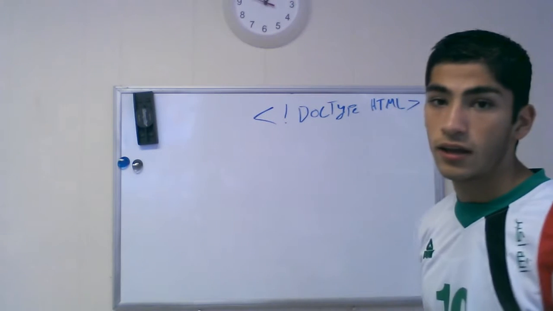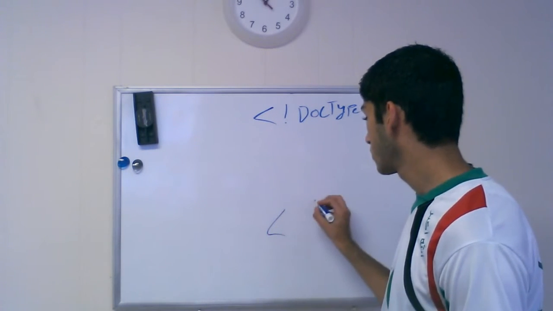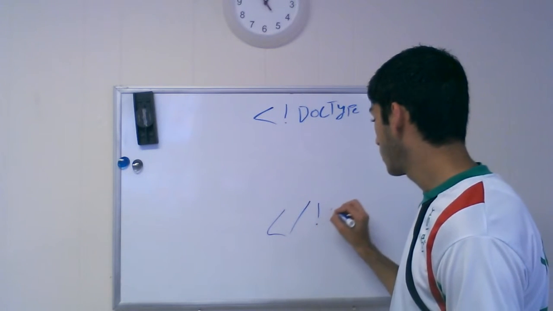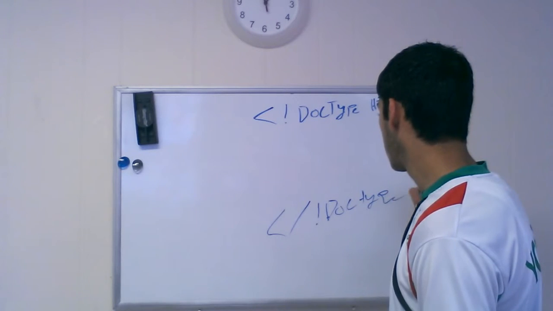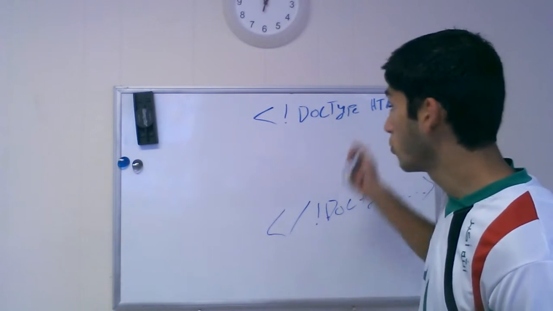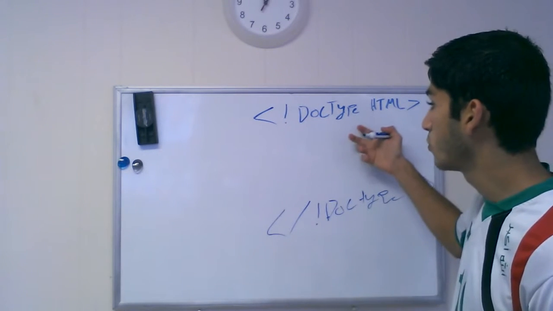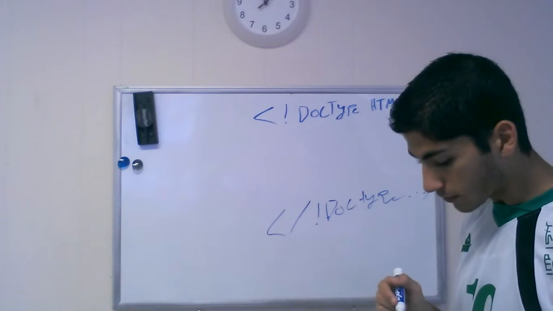And to close it, it's again a / and the command, and you just keep going and close it. That's how you open the HTML script, and that's how you close it.